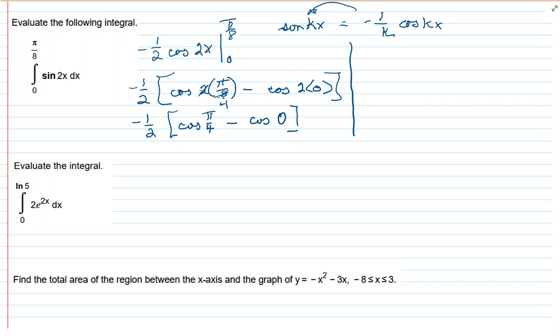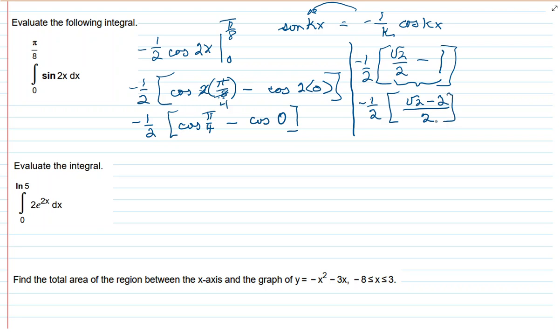Cosine of pi fourths is the square root of 2 over 2. And minus the cosine of 0 is 1. And we want to make the negative 1/2 of it. All right, so it's easiest to first do this math. Negative 1/2, and it's a 2. So it's going to be the square root of 2 minus 2 all over 2.